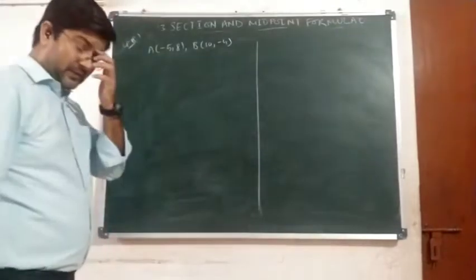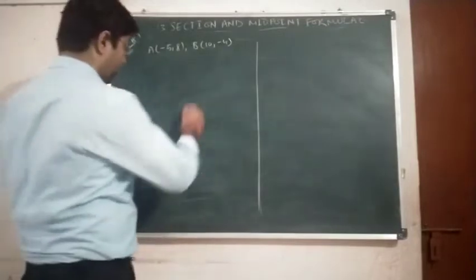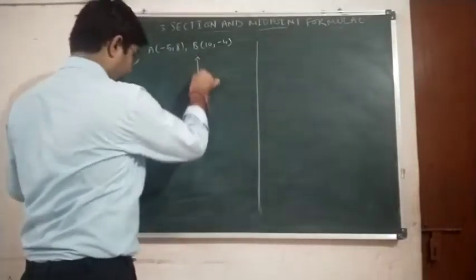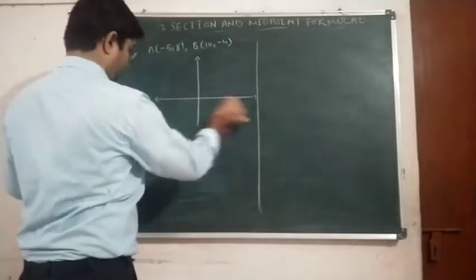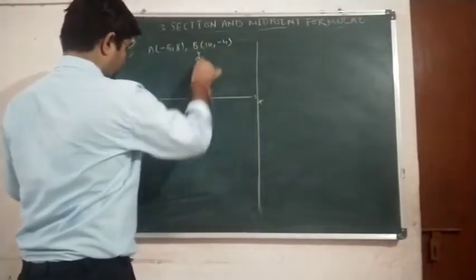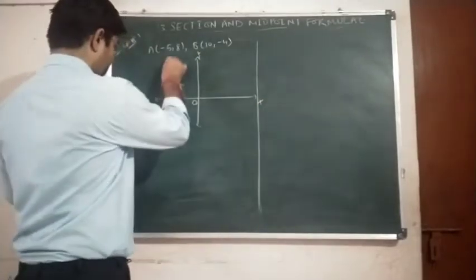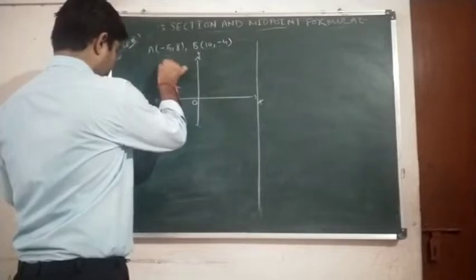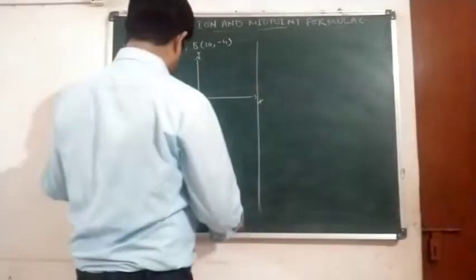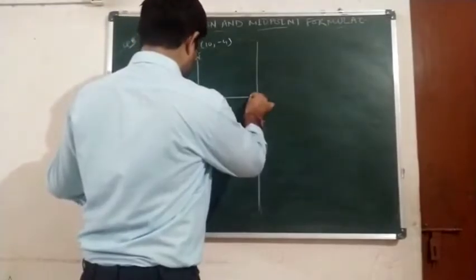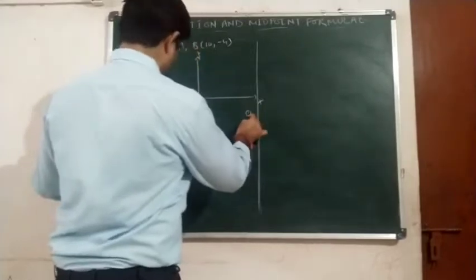So let us represent these points on the graph and try to understand the fact. We have the x and y axes, O is the origin. Let us take point A (minus 5, 8) somewhere here, and then B (10, minus 4).